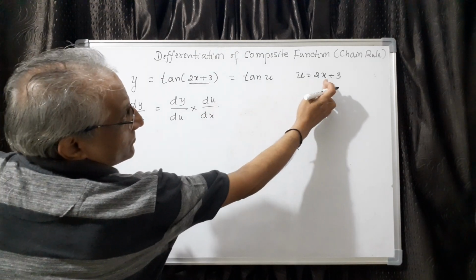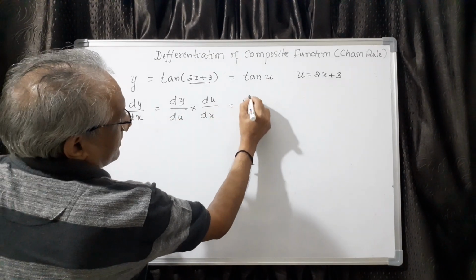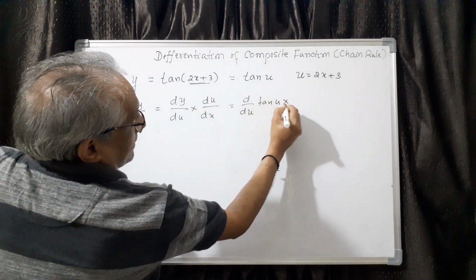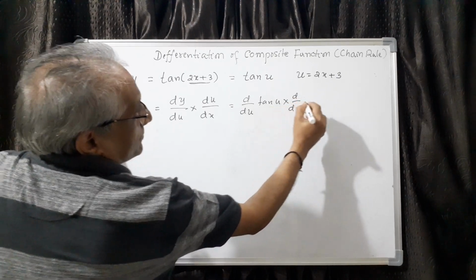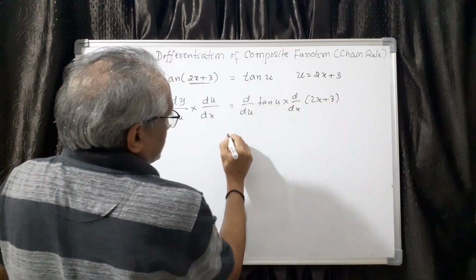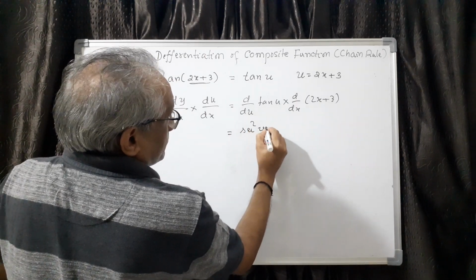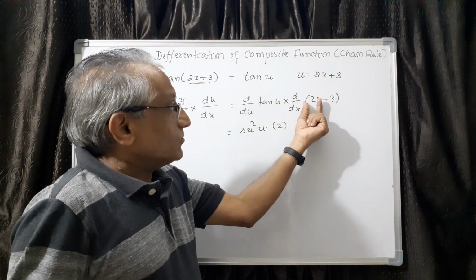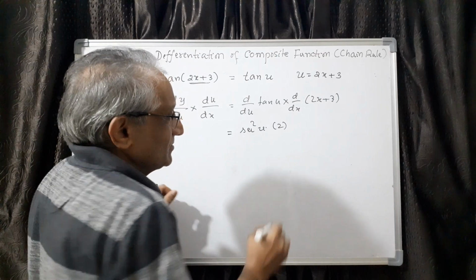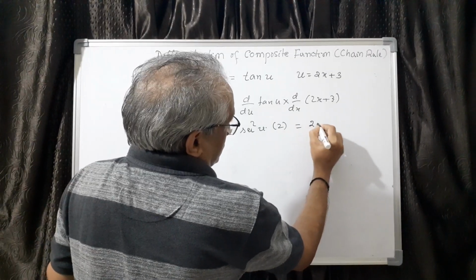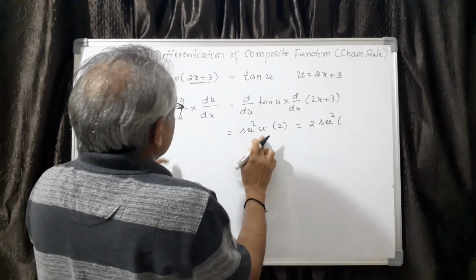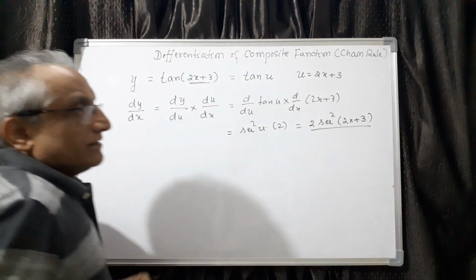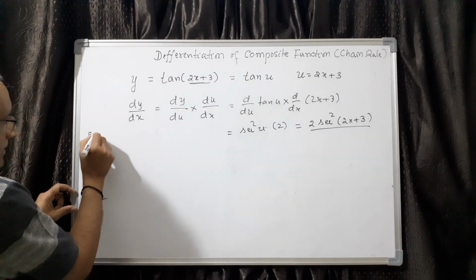Now you can check, u is 2x plus 3, so now substitute. d by du of y, which is tan u, and d by dx of u, which is 2x plus 3, so it is secant square u into 2, because differentiation of 2x plus 3 is addition rule, 2 times differentiation of x is 1, so all those things you should remember. So this is 2 secant square of 2x plus 3, which is the answer.